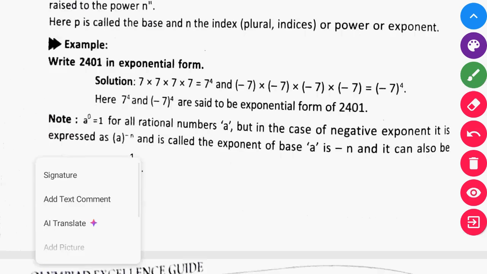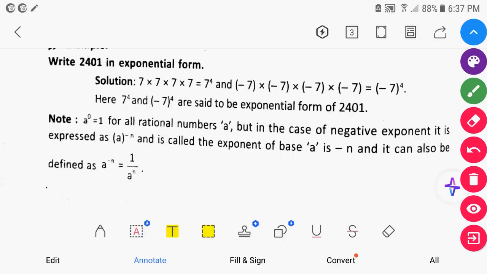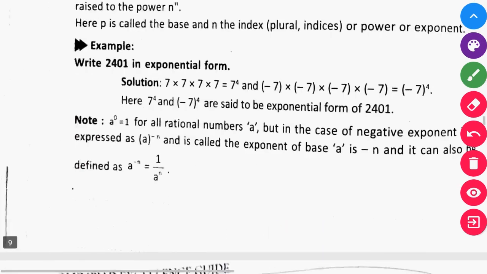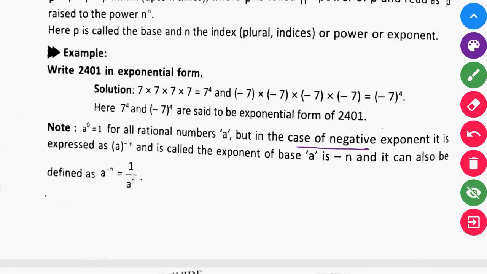Now for all rational numbers a, in case of a negative exponent, it is expressed as a raised to -n, and this a raised to -n can be written as 1 upon a raised to n.